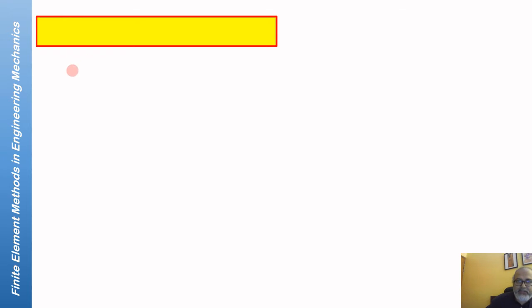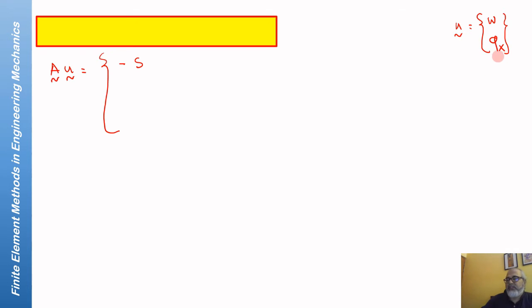Now I have to evaluate this quantity, and to do that, this is what I do. So I calculate first AU, which is a vector. So AU would be minus, remember, U is W, phi x. For ease of writing, I will drop the x and I'll just write it as phi.